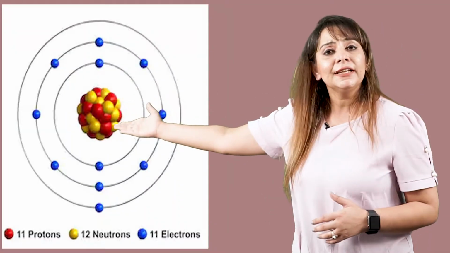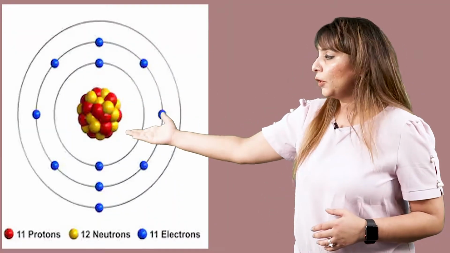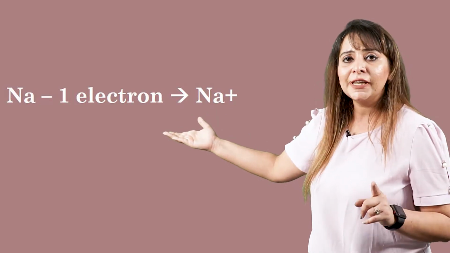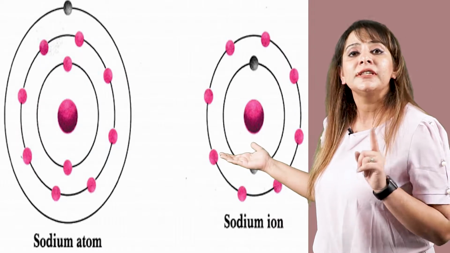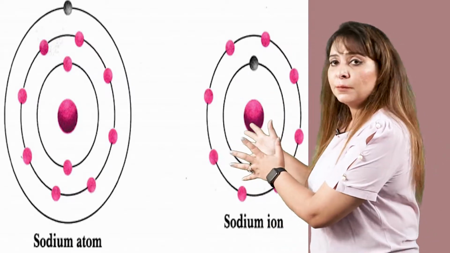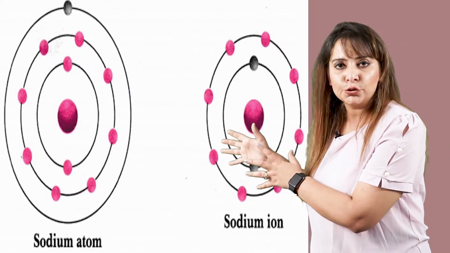Now the question must be coming to your mind: where do we get this positive charge from? We know that initially the number of protons was 11 and the number of electrons was 11. And in any neutral atom, the number of protons and electrons is always the same. Now it is losing 1 electron, so the electrons become 10 in number. That means the atom no longer remains neutral.